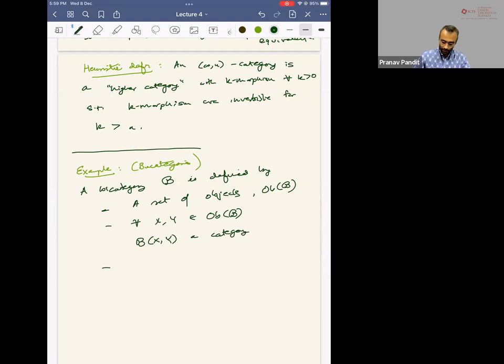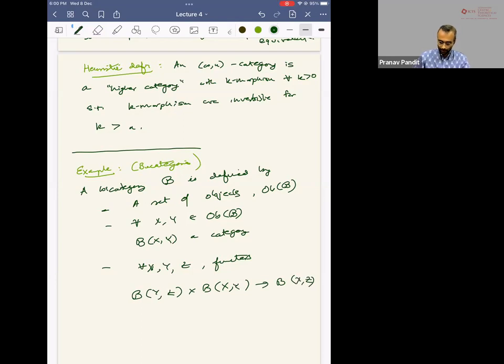and for all x, y, z, you want functors B of yz cross B of xy to B of xz.